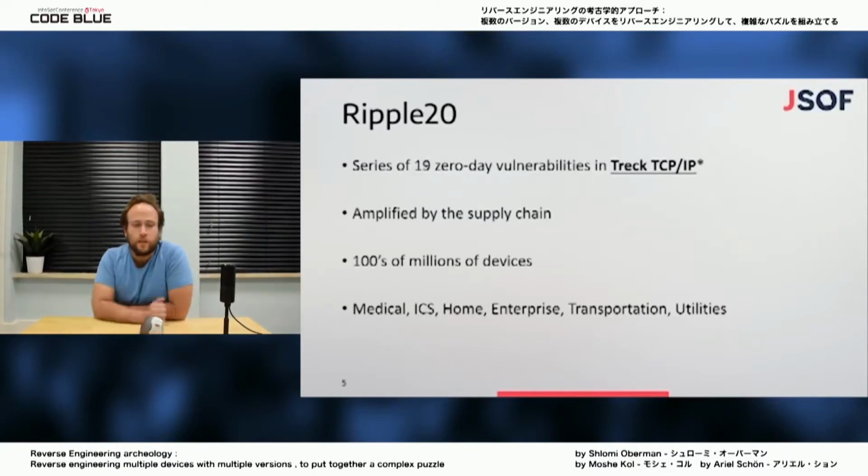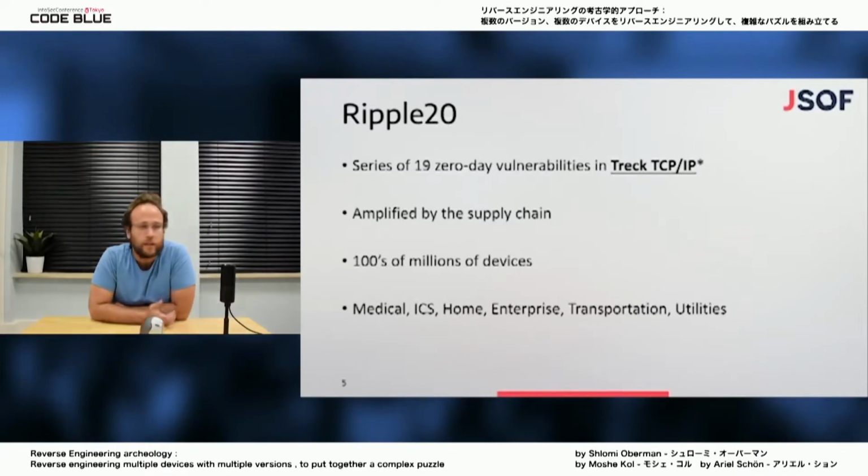And what is interesting about this series of vulnerabilities is that they were amplified by the supply chain. So despite the fact that they were all found in this one piece of software called Treck TCP/IP, this software was written and is still written by an American company called Treck.